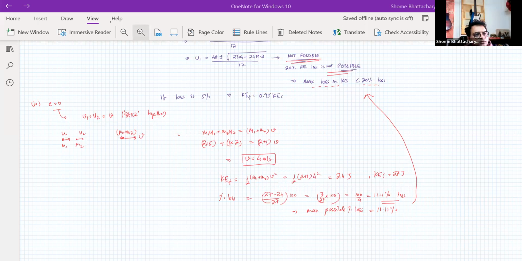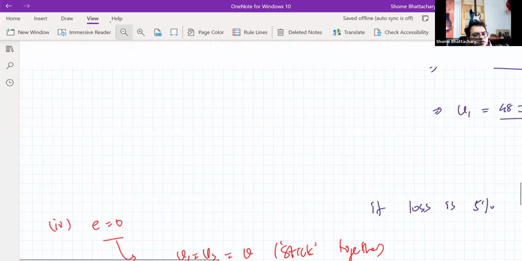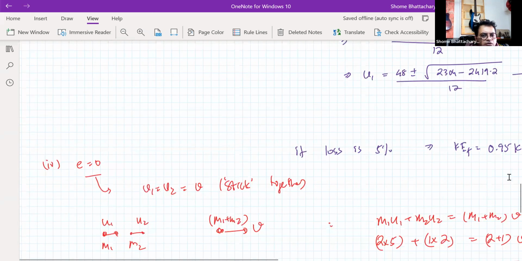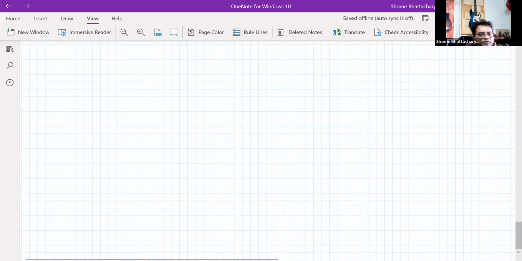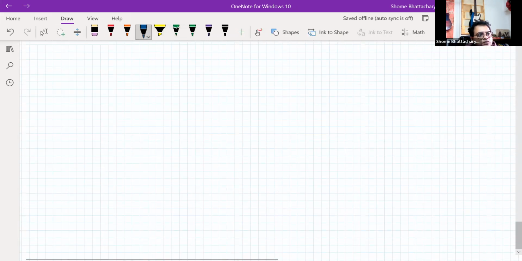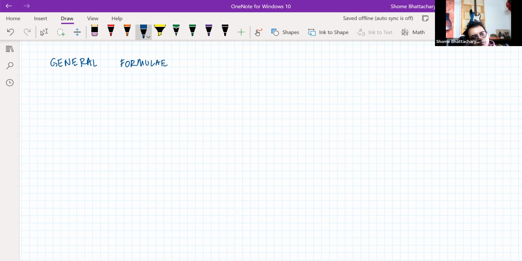Okay, people, so hope this is fully clear. Now we'll look at another thing that we can do with this concept of coefficient of restitution and all. We can develop some general formulae for head-on collisions, given the value of the coefficient of restitution.